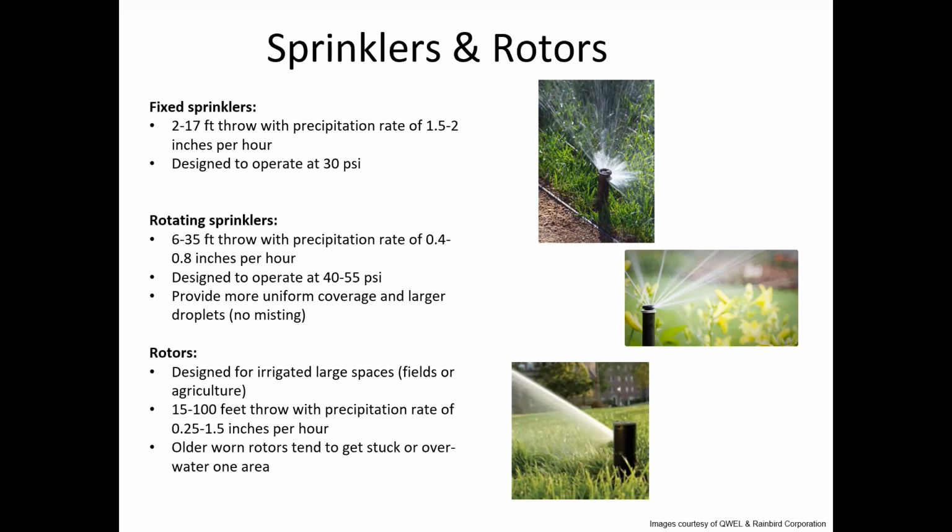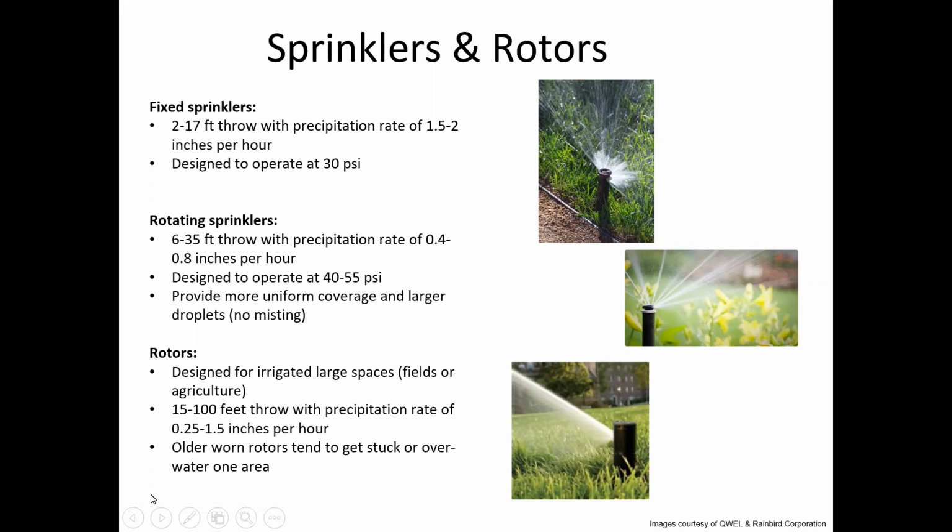Having a lower precipitation rate means that there's a lower amount of water being applied with larger droplets, designed to operate at a higher pressure. So this provides more uniform coverage and larger droplets and prevents pressure-related issues like misting. We do have a rebate available for this.